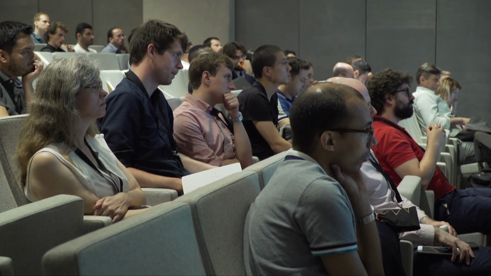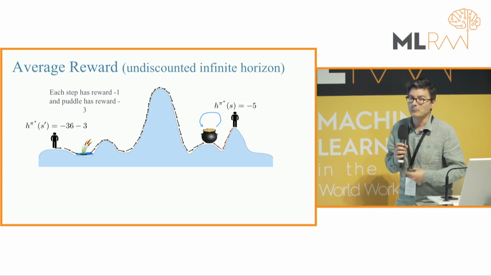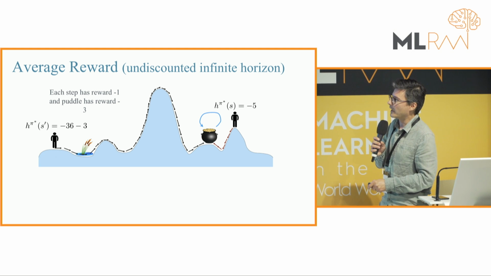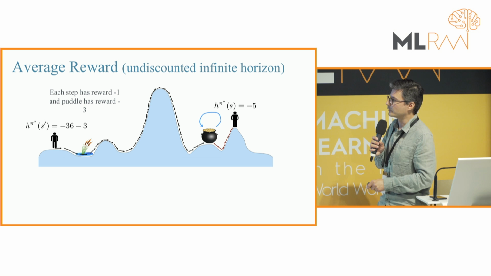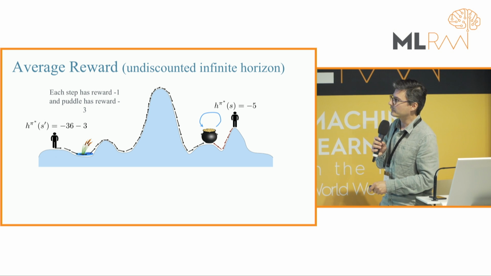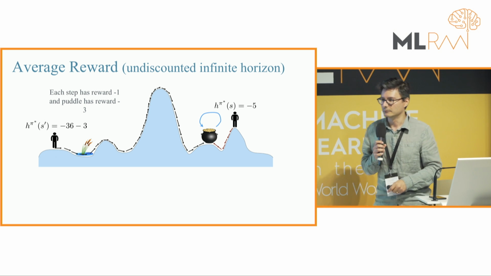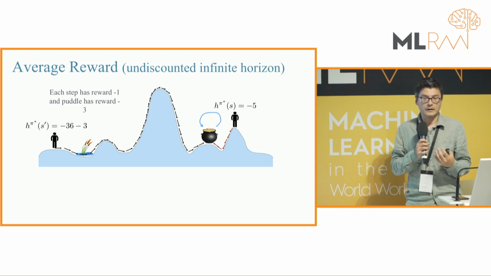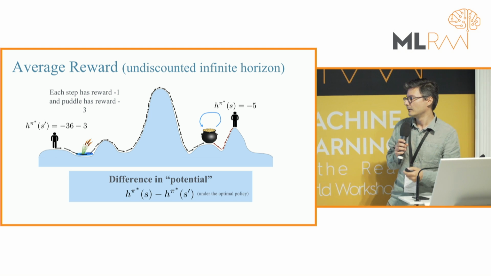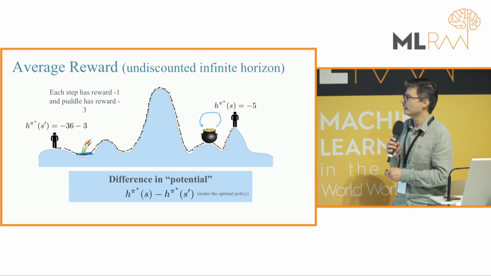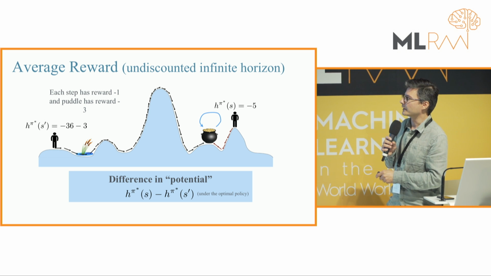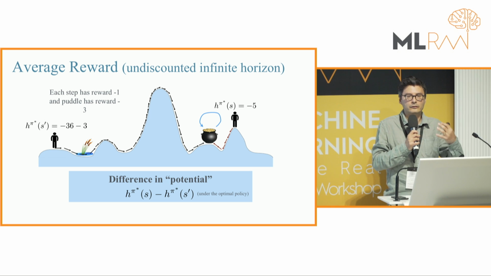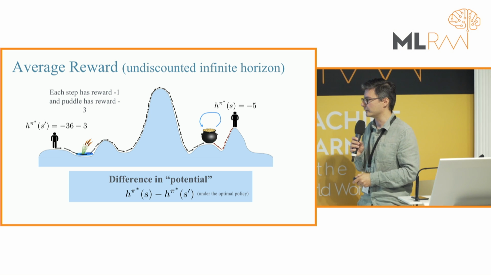Another example, if I start on the opposite side, this is a much less favorable state because it takes -36, which is the number of steps because each step costs 1, -3 because I also have to pass through the puddle, at least for 1 step. So there is this function which measures, again, the difference in potential reward that I can obtain from starting from a given state and starting from the best state or from the stationary distribution of the policy itself.